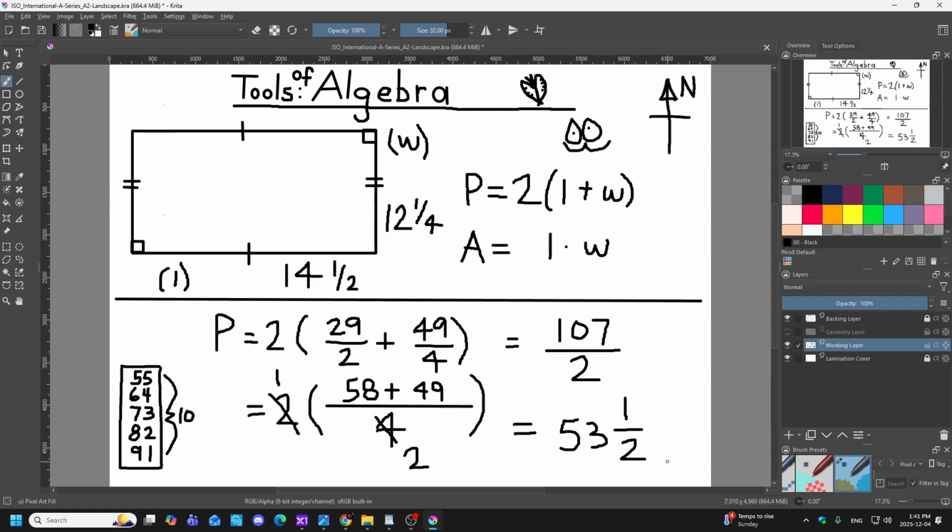And our answer is inches, right? I should have marked it as inches. Okay, that's the perimeter.